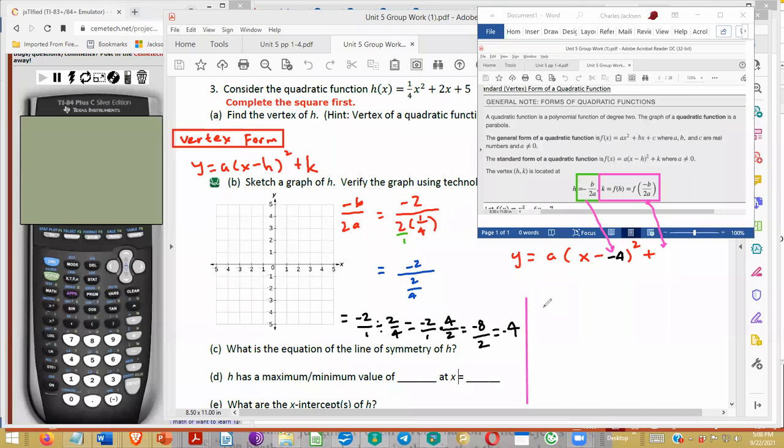So let's see, we're going to get h of negative 4, which is 1/4 times the square of negative 4 plus 2 times negative 4 plus 5, which is 1/4 times 16 minus 8 plus 5.